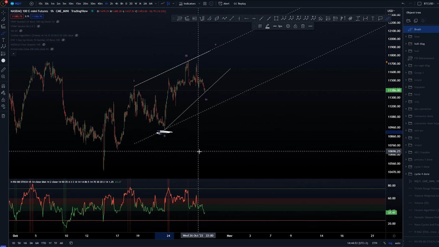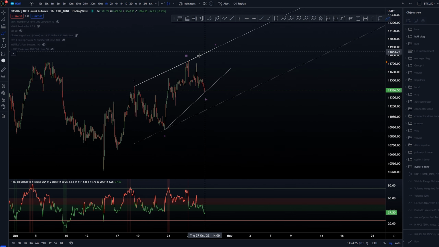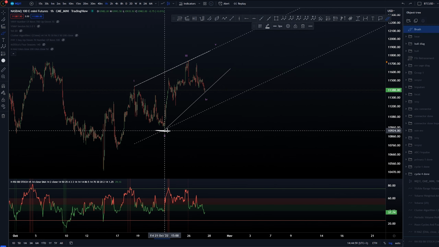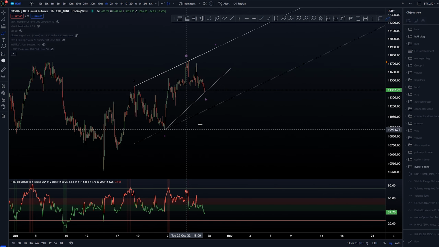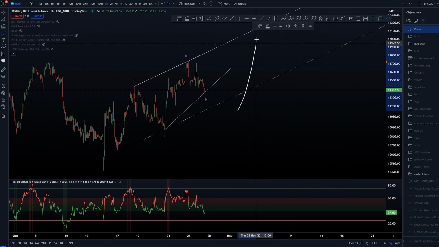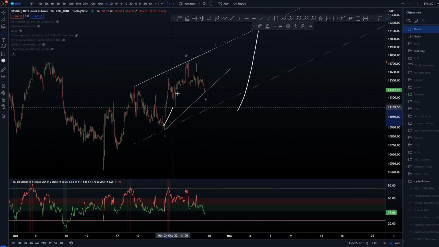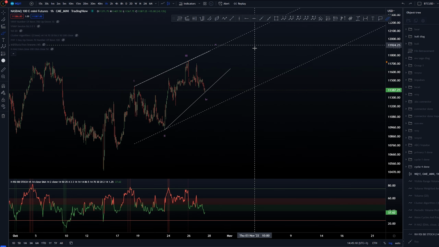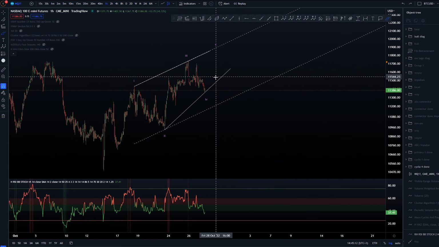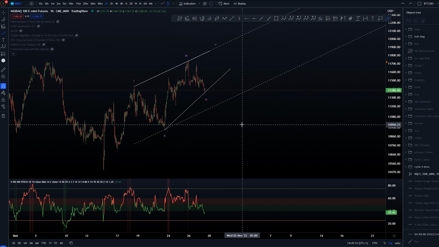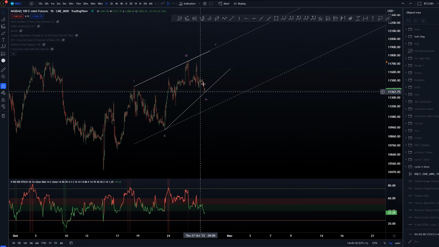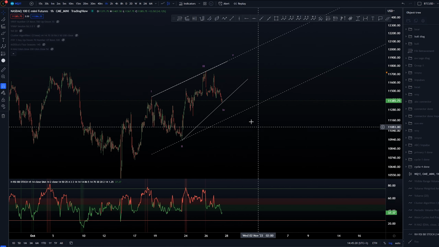Even if we don't get beyond here, if this would come down here and even without taking out the lows or invalidating wave 2 with wave 4 and then shoot up, we can't have that, because wave 3 would be the smallest, and it wouldn't make any sense. So that is the reason why I have this channel here as well. I feel like this is at the moment the best looking structure I've got, and I am expecting higher prices.